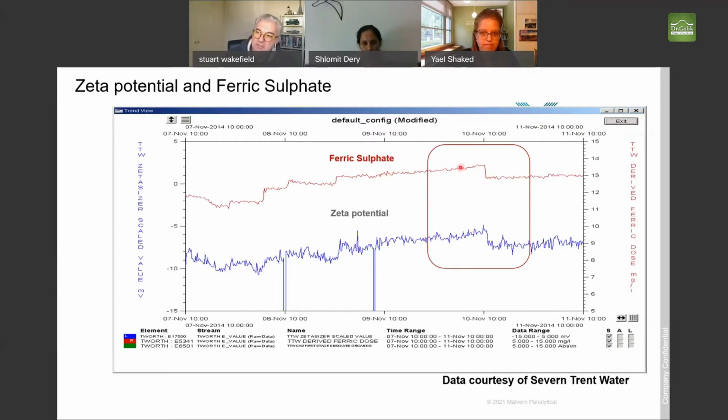So by reducing the amount of ferric sulfate, you can see almost immediately we see changes in Zeta Potential. So it's a very sensitive, very accurate way to determine the Zeta Potential in the process. It's very sensitive to plant changes or intervention by operators, etc.